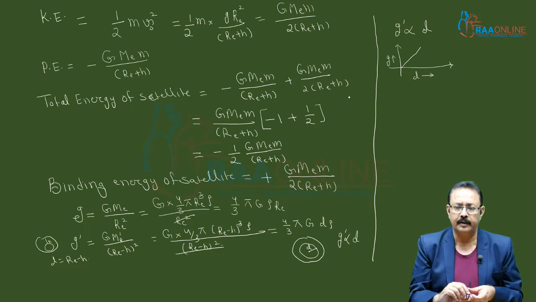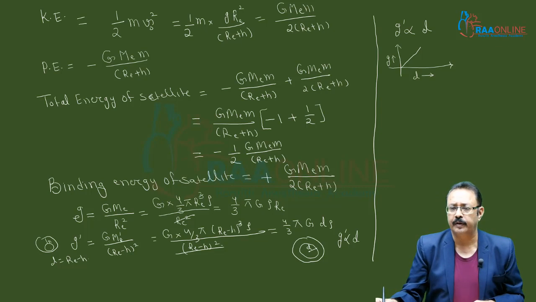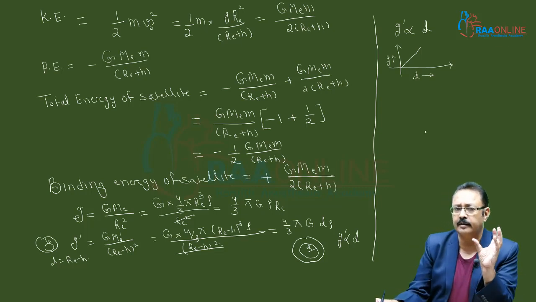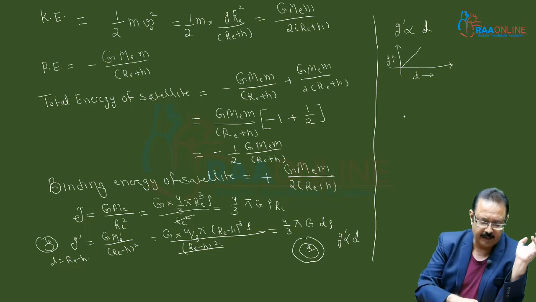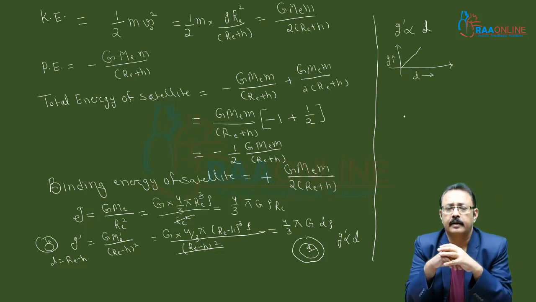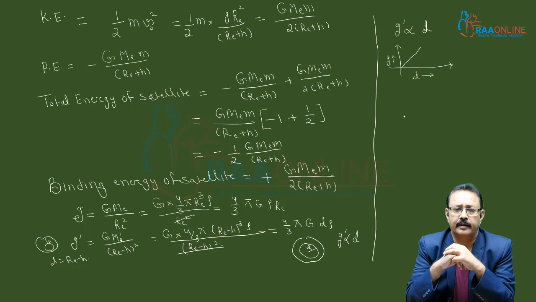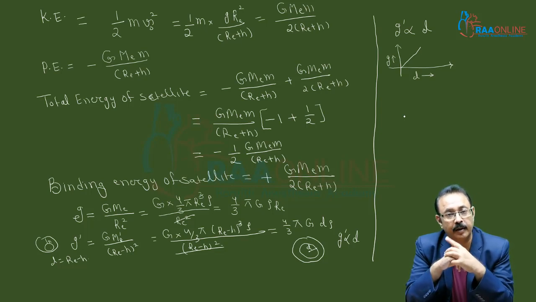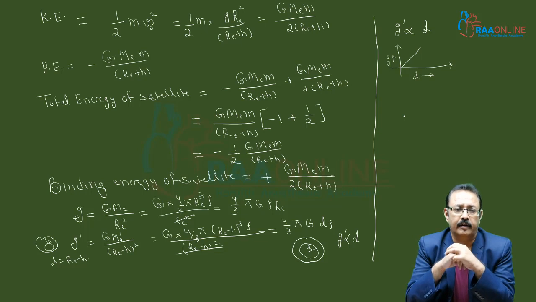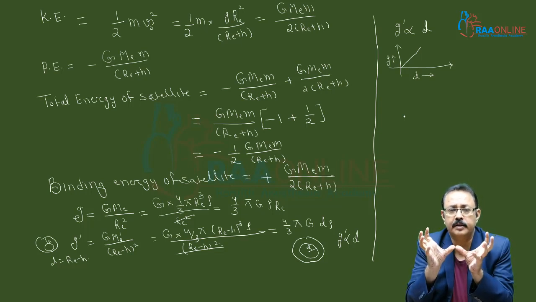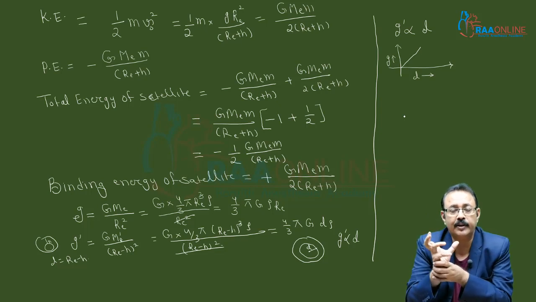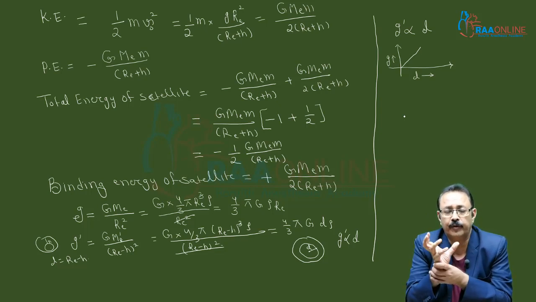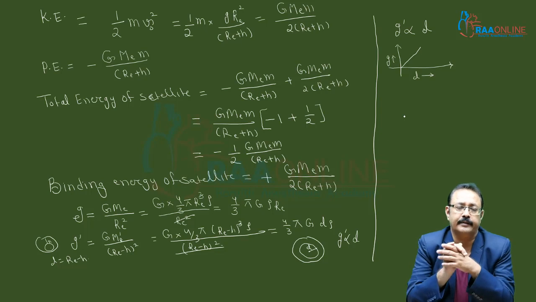So even they can ask you, if you want that length of day become 1/4 of the present, how much Earth should shrink so that length of day will become 1/4 of the present day.